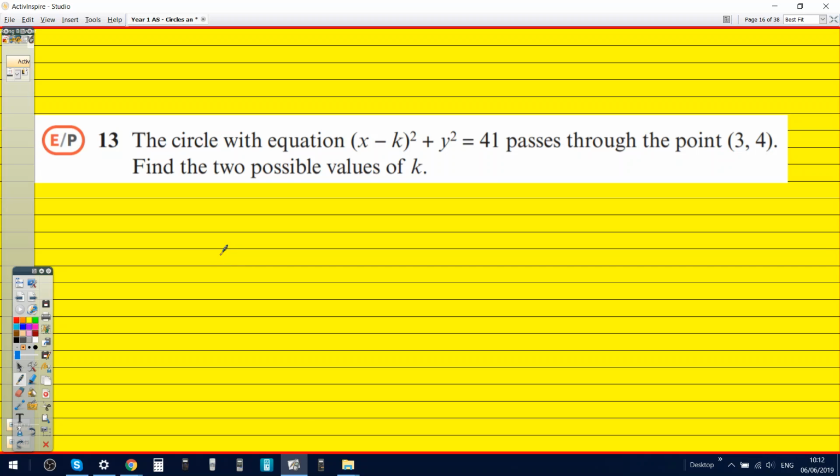So we've got 3 minus k squared plus 4 squared equals 41.